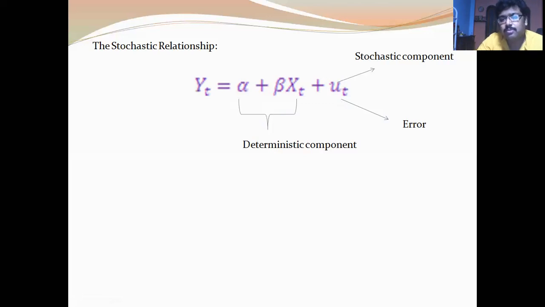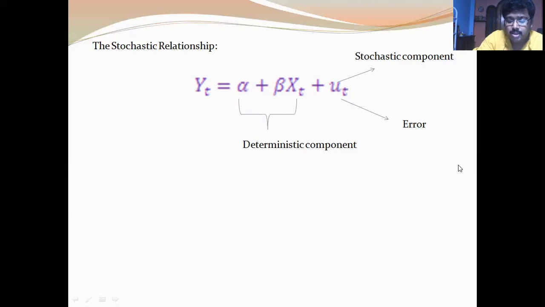So these variables have not been considered in this equation. If we consider only this part, yt equal to alpha plus beta xt, then these omitted variables, that is the assets of a family and size of the family, are not considered.